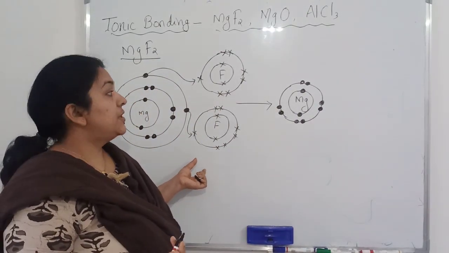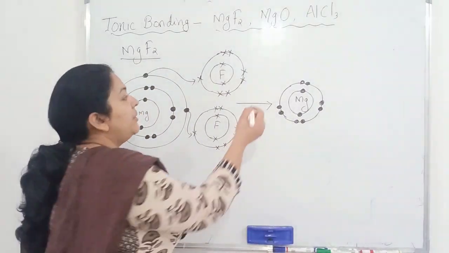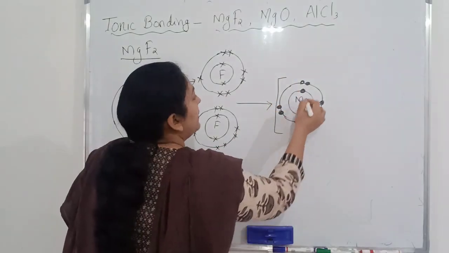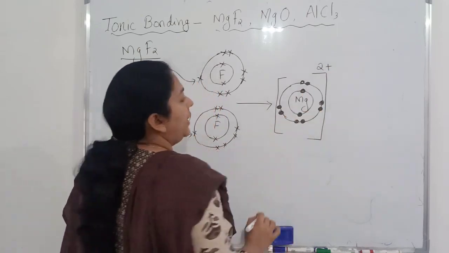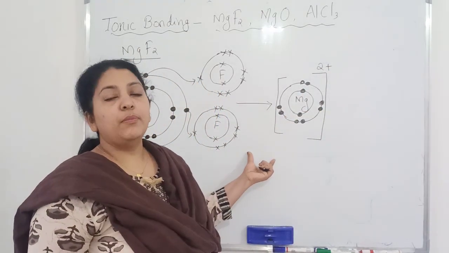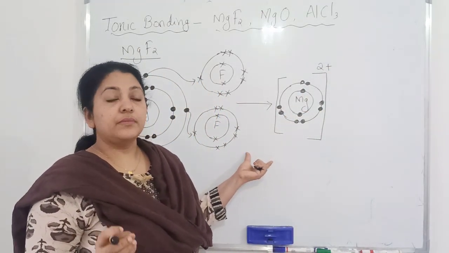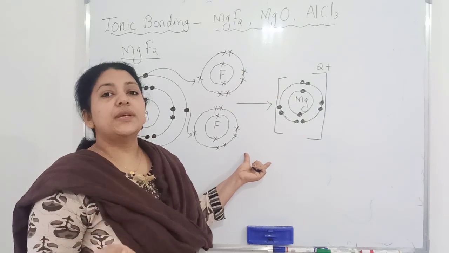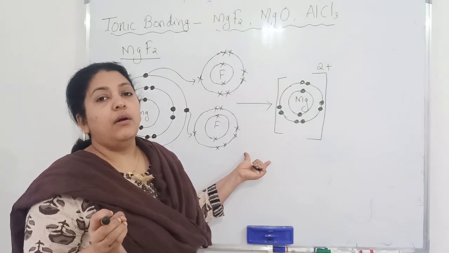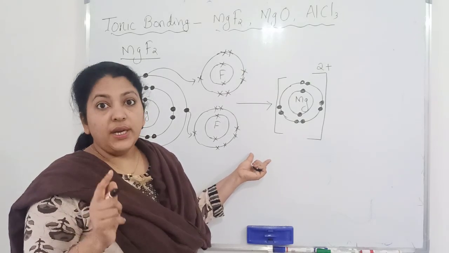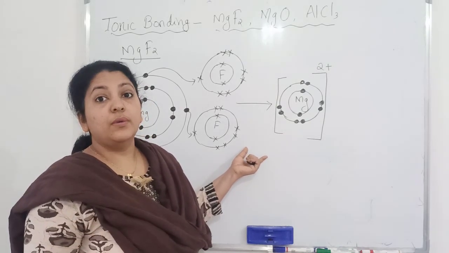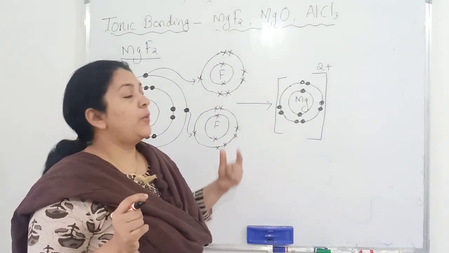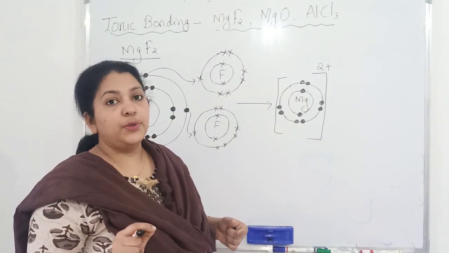Magnesium, after losing 2 electrons, became a 2 positive charged ion, 2 plus. Okay. So how does an atom become a positively charged ion? When an atom loses electrons, when it loses 1 electron, it will become 1 positive. When it loses 2 electrons, it will gain 2 positive charges. Is that clear to you?